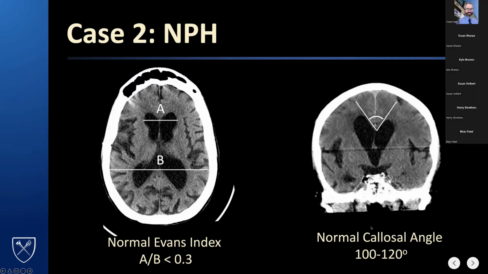Another way of looking at this is the callosal angle, the angle between the lateral ventricles in the coronal plane. The idea here is as the ventricles get bigger, that angle gets smaller and closer together. Normally it's about 110, 120 degrees. But yes, this can be a little bit tricky when it's not quite so florid like this.